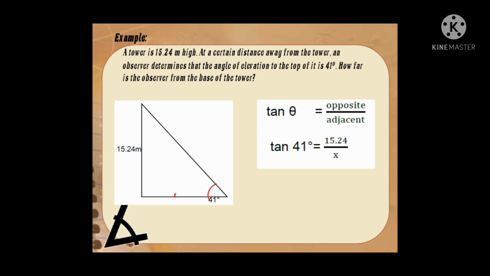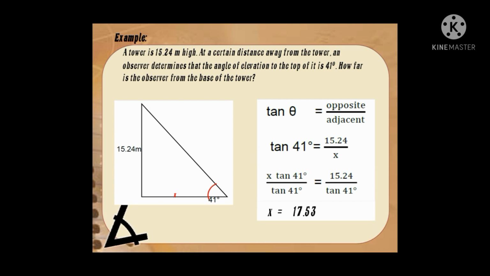Multiply both sides of the equation by x to eliminate the denominator. Therefore, x times tangent 41 degrees is equal to 15.24. To eliminate tangent 41 degrees and the remaining would be x, divide both sides of the equation by tangent 41 degrees. Therefore, the remaining would be x.